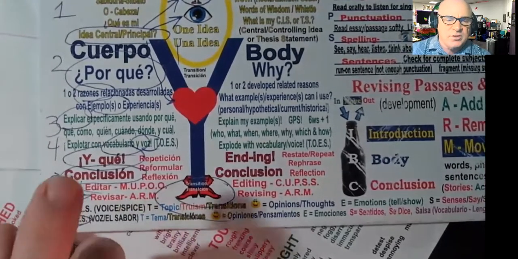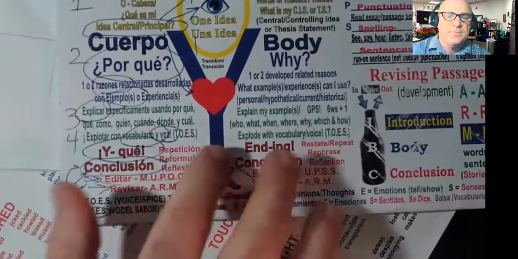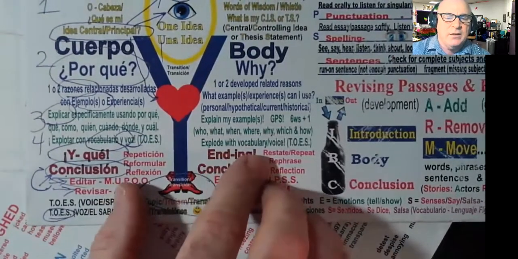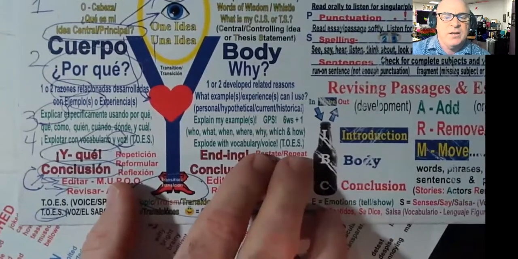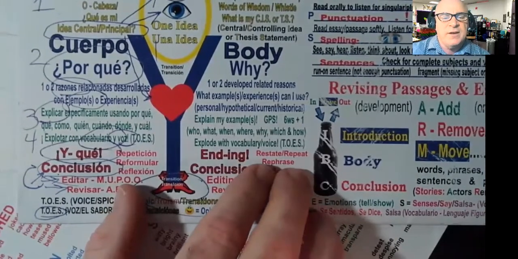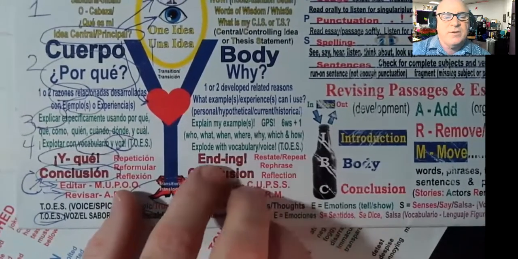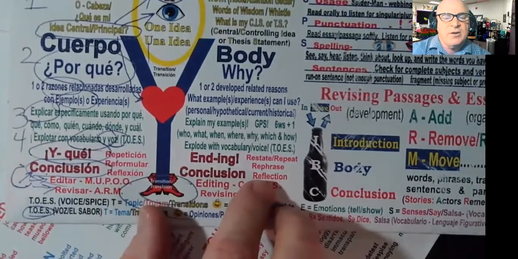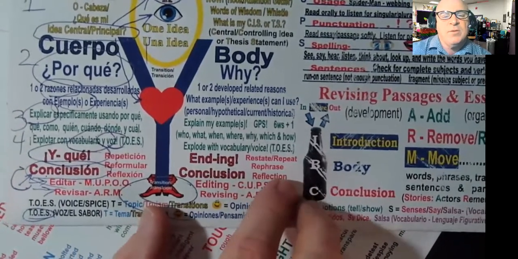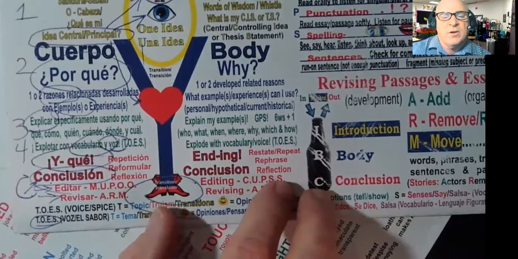Well, the two most important sentences at the end are the ending for two. That's where you can either restate or repeat if you're just trying to get to twos, rephrase if you're trying to get to threes, or have a conclusion, 3 syllables, which is a reflection. How's my world better or worse because of what you've done?